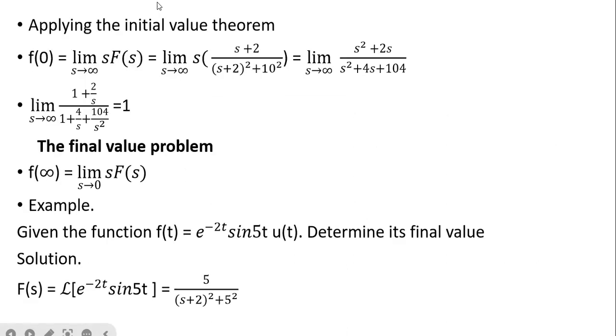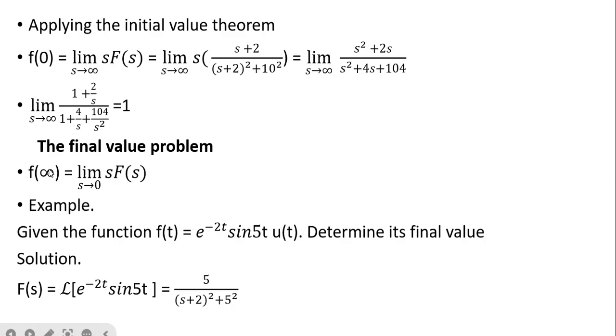Having established that, let us look at the final value problem. We want to determine the final value. The final value, f of infinity, where by infinity here we mean final value, is equal to the limit of s times F of s as s tends to 0. Look at the initial value: s tends to infinity.